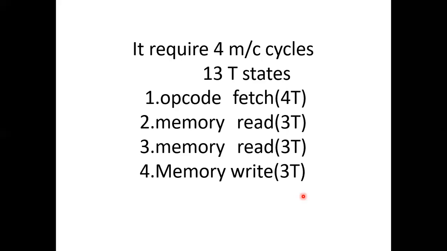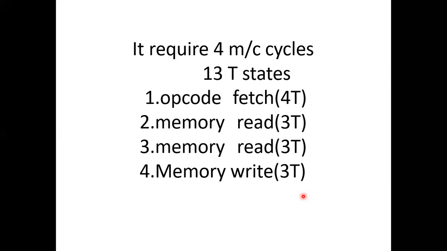We are going to read two times because we have a 16-bit address, so we need two values. Then write: the value should be written into that particular memory location. This is the concept. If we know these values, then the machine cycles used are simple to determine.